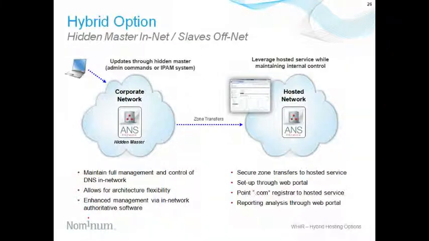Now what you need to do that is ensure that the zone transfers are obviously completely secure. You've got to be able to set it up not only to manage but also to report through a web portal. So there's a variety of different management and reporting functions that you need, but it absolutely must be seamless between the corporate network and the hosted network.